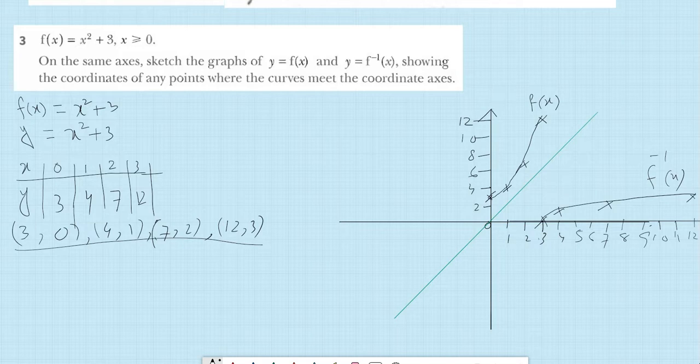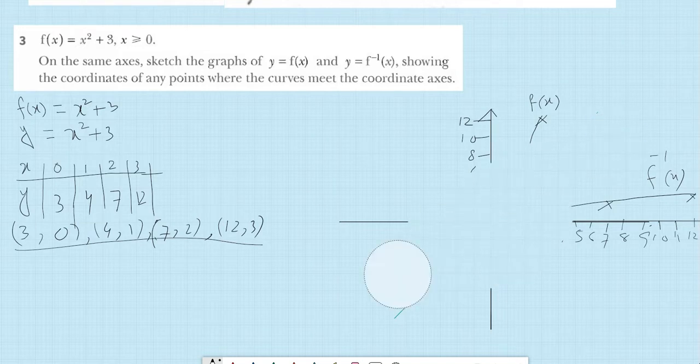But there is some mistake which I can see, because the green line is not 100% showing the mirror line. What mistake did I make? Just wait a while. First I want to rub this and do the whole question again.